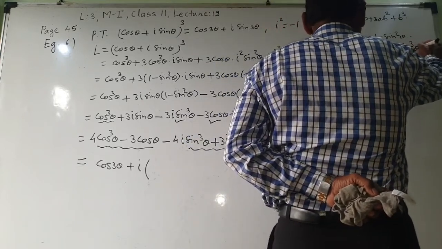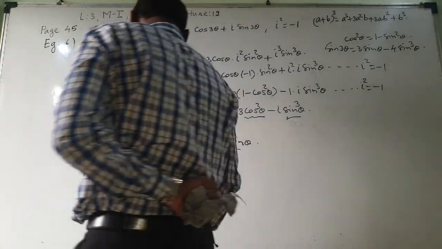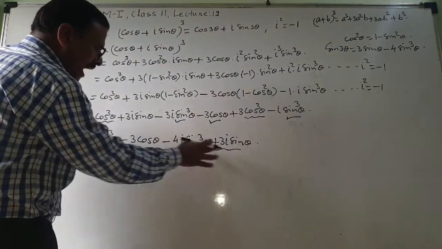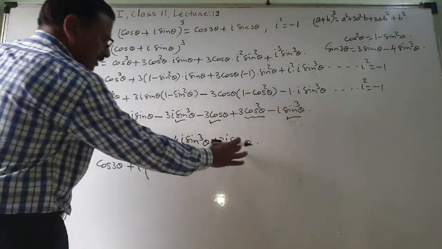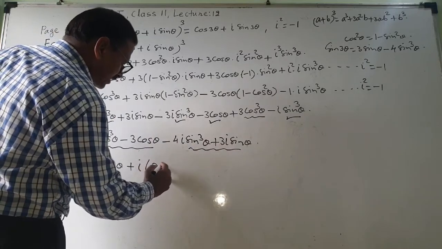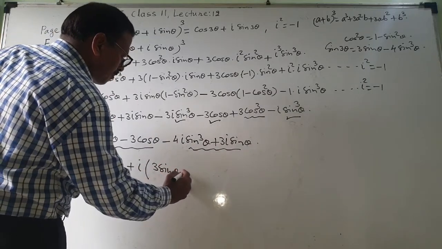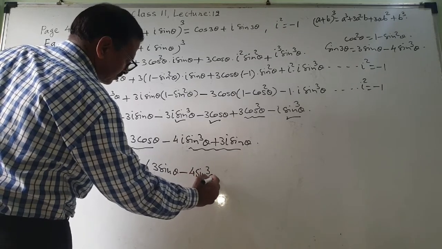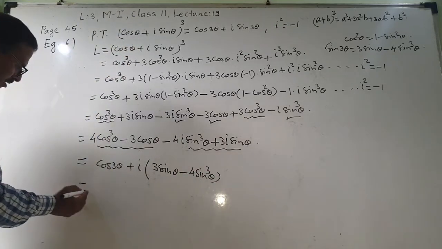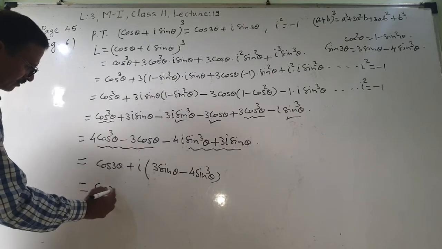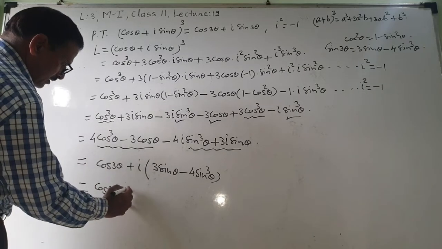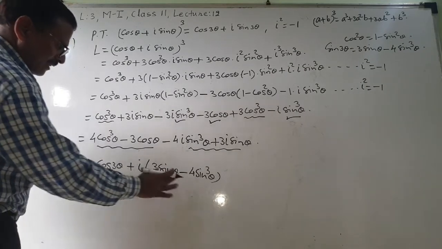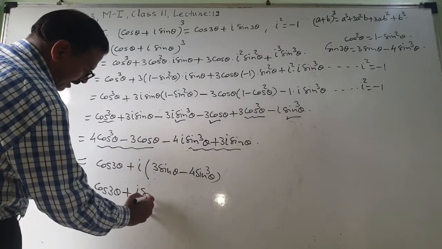This is the formula. That's why I am taking only i common out of this. This I will write first: 3 sin theta minus 4 sin cube theta. So that is equal to cos of 3 theta plus i, and this is the expansion of sin 3 theta.